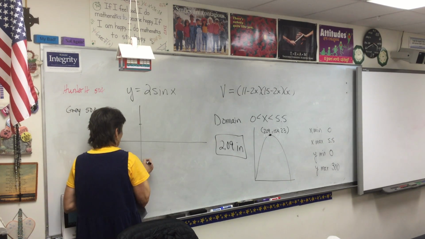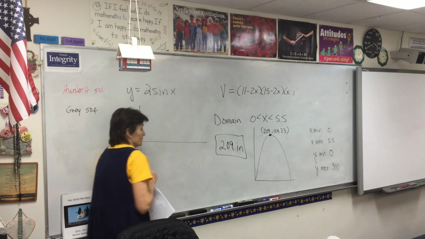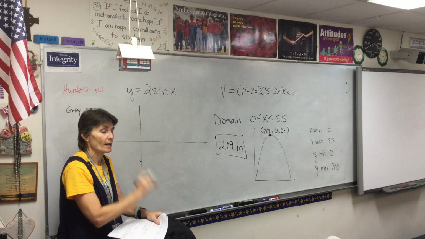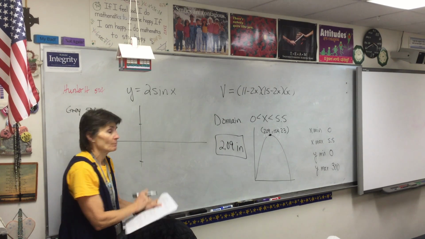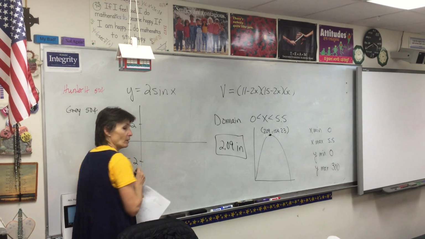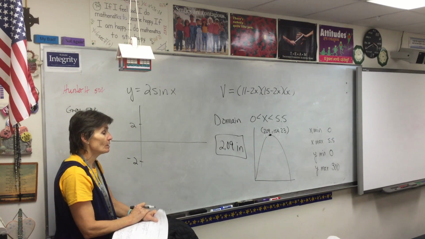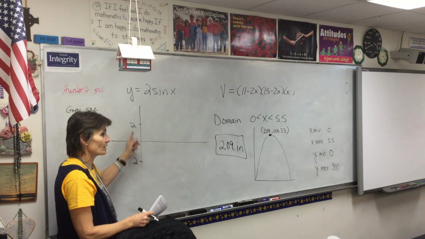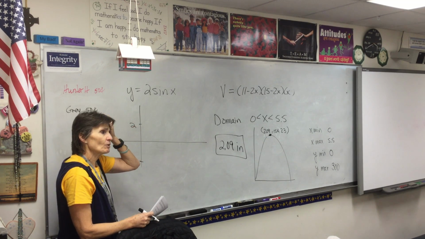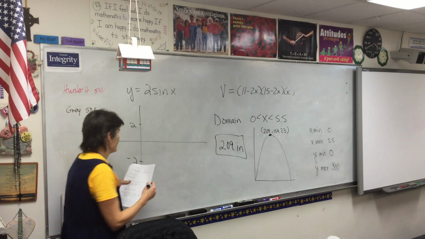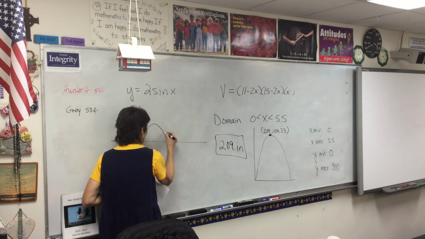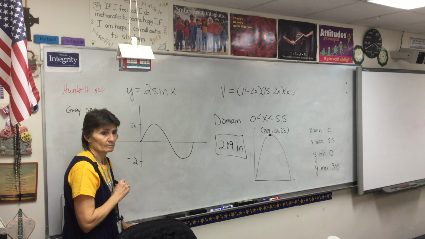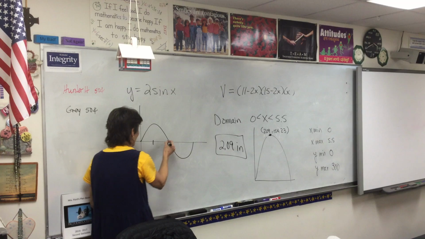Oh boy. Who remembers? We're sketching y equals 2 sine x, correct? The height is 2 and negative 2. So the amplitude, we call it, the amplitude is 2. So whatever this number is, that's how high up and down I'm going to go. What does a sine curve look like? It's the one that starts here and goes up and down like this. We have to have our marks on here.